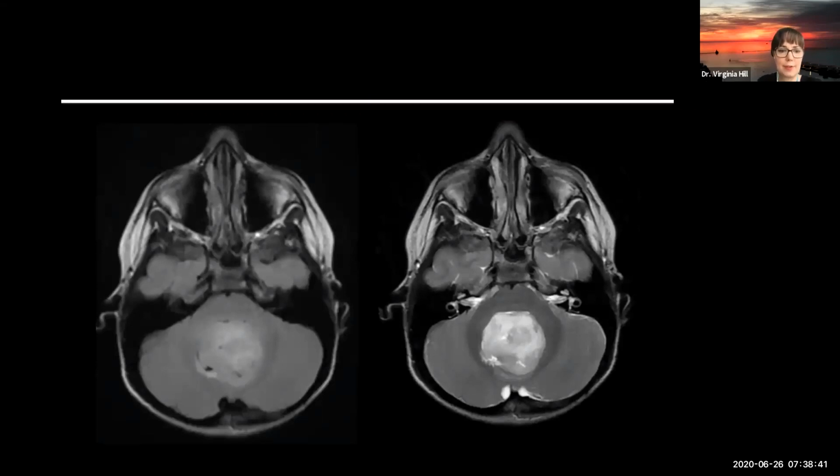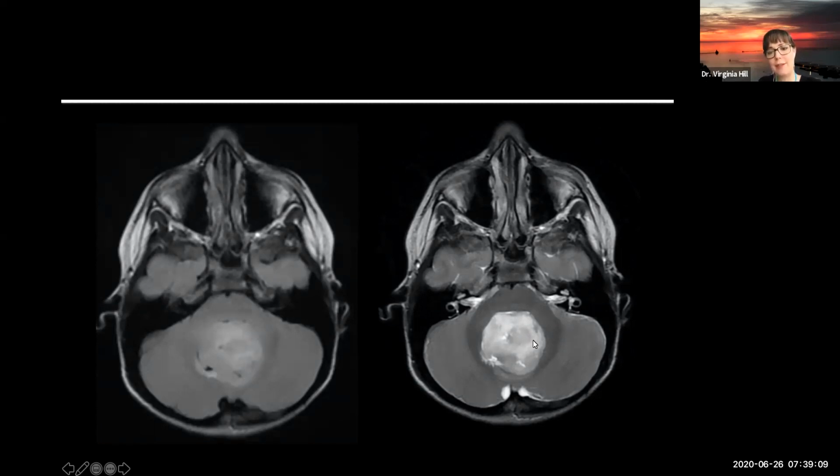And here is the classic appearance of medulloblastoma, keeping in mind that the WNT tumors will be more lateral in the brainstem or middle cerebellar peduncle, and the SHH tumors will be more lateral in the cerebellar hemisphere. So this more often is a group 3 or group 4, but can be seen with any of them. So we see that there is this slightly expansile, a bit heterogeneous tumor.